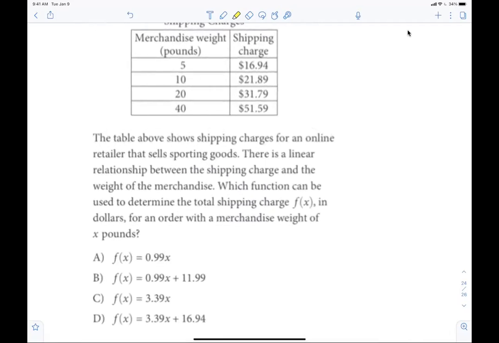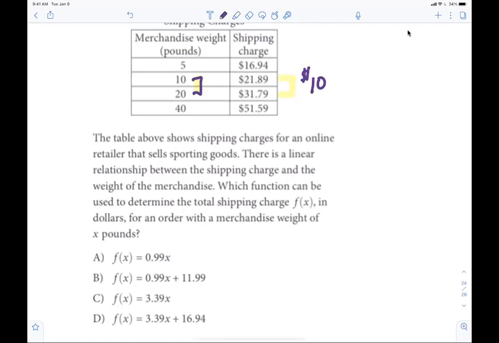I'm looking for the slope, right? So from here to here is about how much? $10, right? And the change is also what? So we know the slope had to be about what? The change here was $10, right?